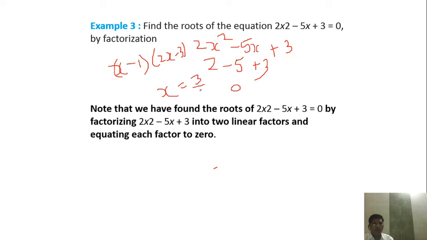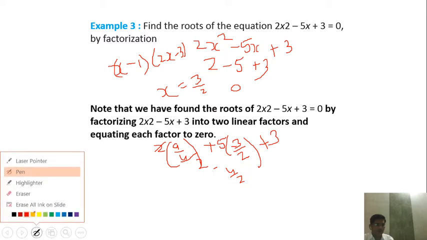So if I put x equal to 3 by 2 into 2x square, 3 by 2 square, that is 9 upon 4, minus 5 into 3 by 2, plus 3.